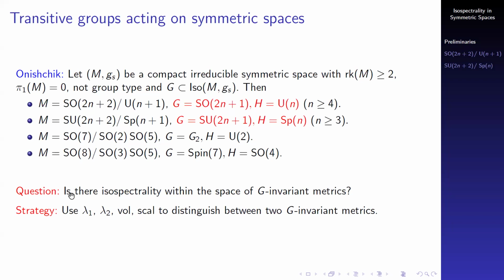The strategy to solve this question is to compute the first eigenvalue, maybe the second, and to use also the volume and the scalar curvature. Since we are studying homogeneous metrics, the volume and the scalar curvature are also spectral invariants. So we are going to compute some of them, and we're going to try to distinguish two manifolds in these families by those values.